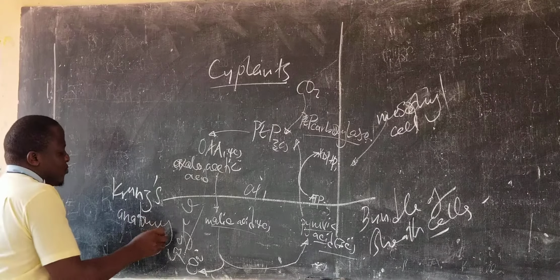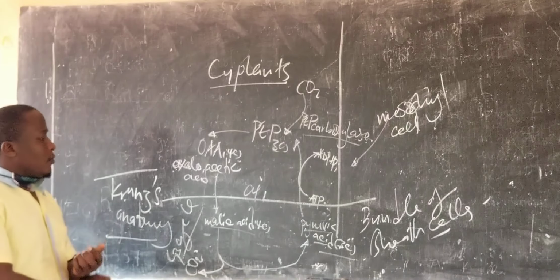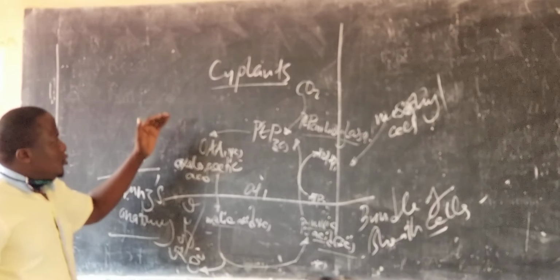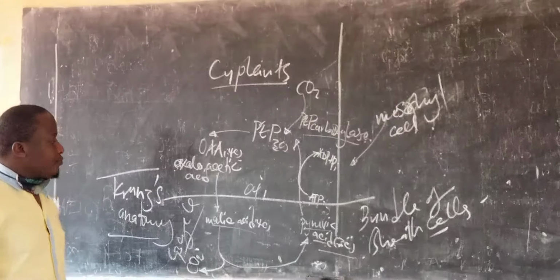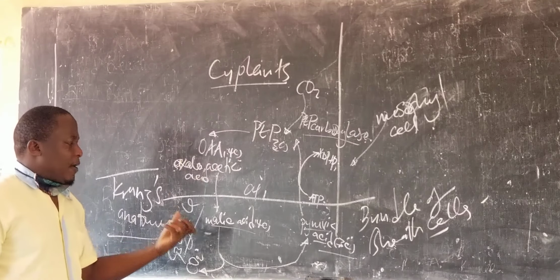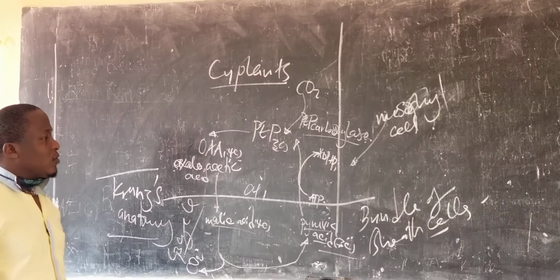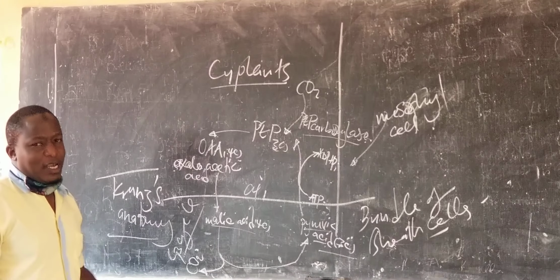You should be able to explain what is meant by Kranz anatomy. During the C4 cycle, or the Hatch-Slack pathway, fixation of carbon dioxide occurs in separate cells from the fixation of carbon dioxide during the C3 cycle. So we are fixing carbon dioxide in C4 plants twice.